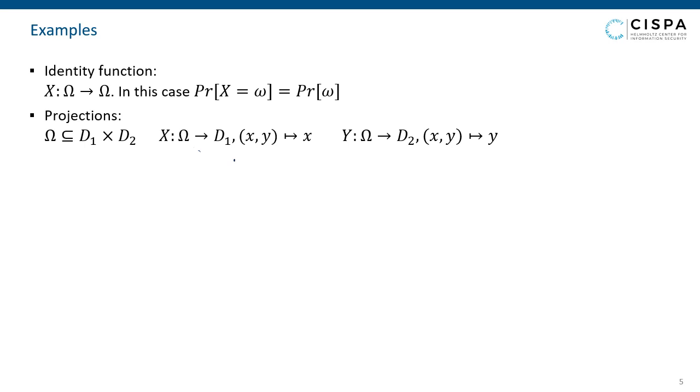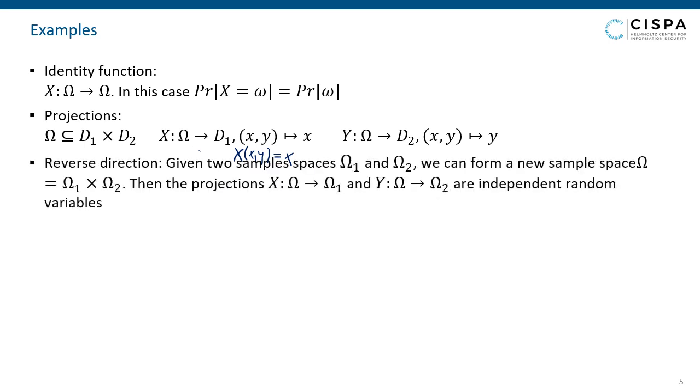So we have X of (x, y) is just x. And similarly, we can define Y. So both X and Y are projections.